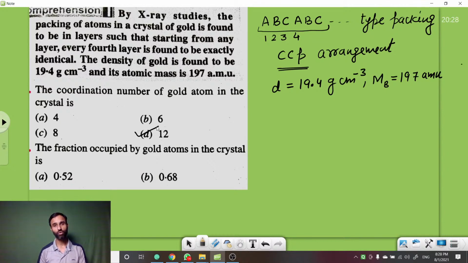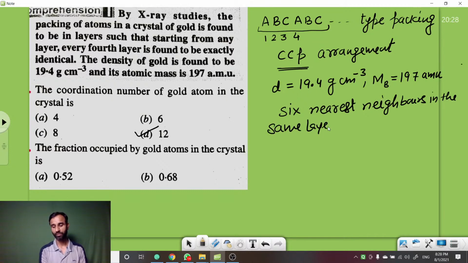Why is it so? Reason being, when arrangement takes place, there are 6 nearest neighbors in the same layer, 3 above the layer, which are in touch with that given sphere, and 3 below the sphere.